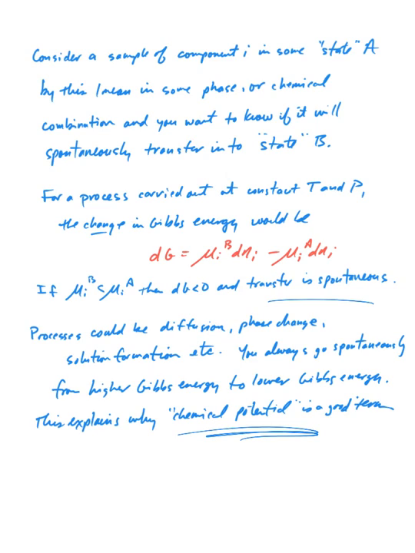So you might think of, again, let's say a mole of water is the component i. Now, is the mole of water by itself going to spontaneously make a solution with, let's say, ethanol, it being in state B?